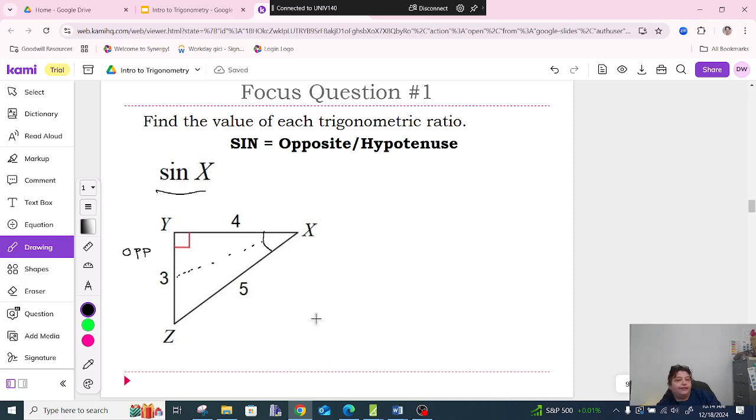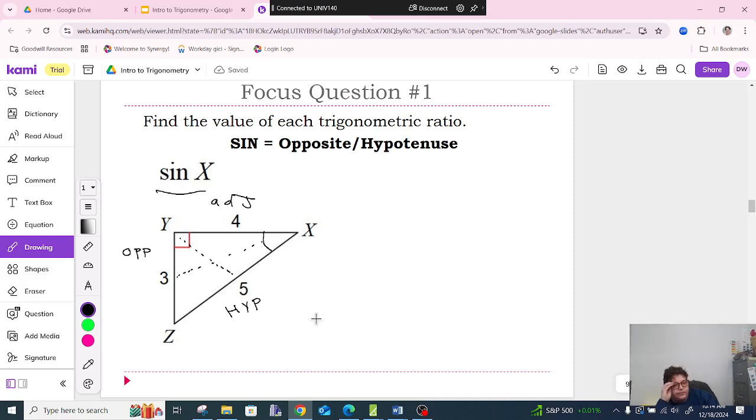Now, where's the hypotenuse? Hypotenuse is always across from the 90. So this is the 5. So I call that hypotenuse. And I just abbreviate it by using OPP, HYP. And then what am I going to label the 4? Adjacent. Now, here they're just asking for the ratios.